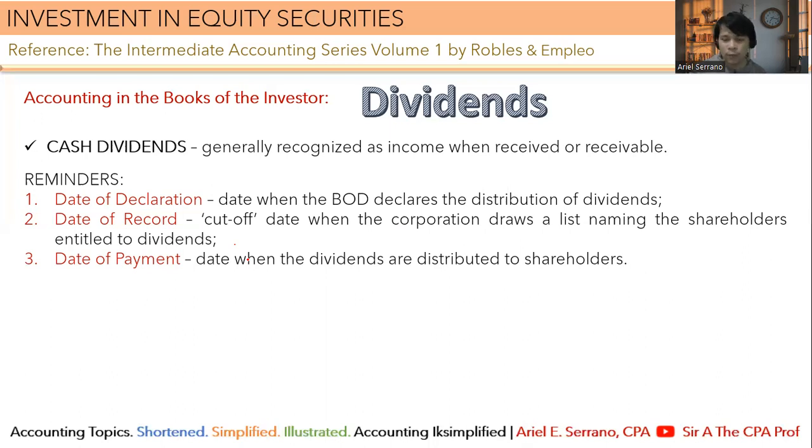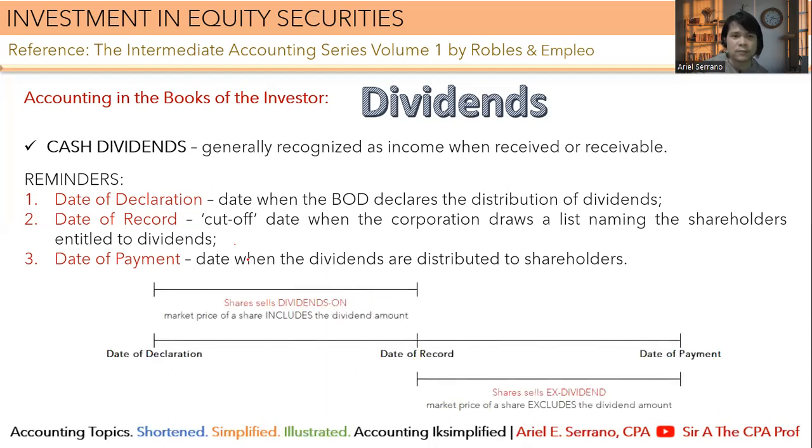So, kung sakali man na may mga investors na bumili ng shares of stock from July and August, kasama pa po sila sa makakatanggap ng dividendo na i-distribute by the end of the year. So, therefore, class, meron po tayong kino-consider dito in terms of the shares, yung price, kapag merong bentahan ng mga shares.